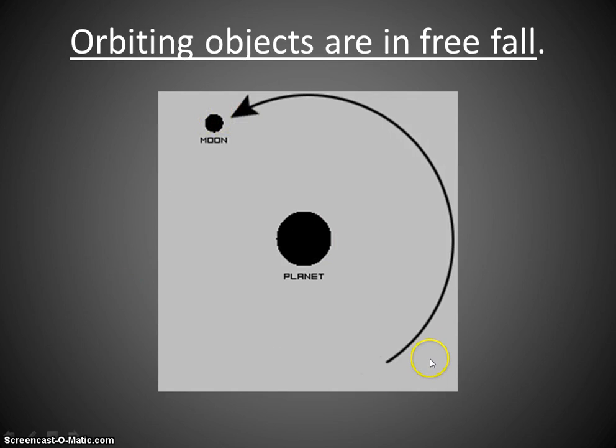It doesn't slow down and stop because there's no fluid friction, no air resistance, no oppositional force. So the only force acting on that object is gravity, so we consider those objects to be in free fall. Without gravity, the moon would just keep going off into space. But because of gravity, it stays in orbit around the planet.